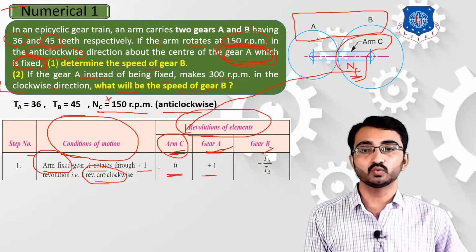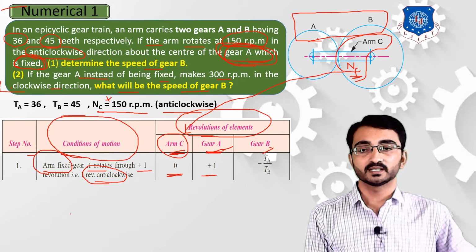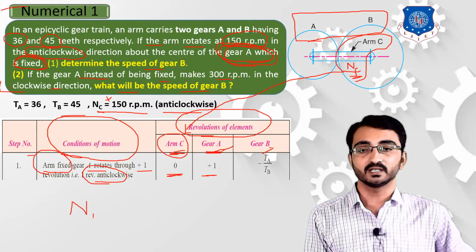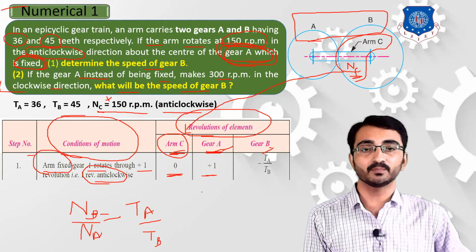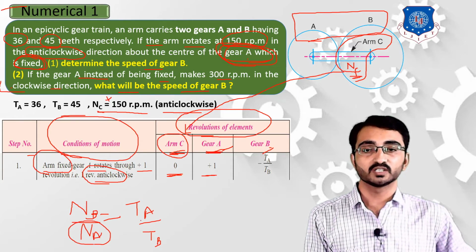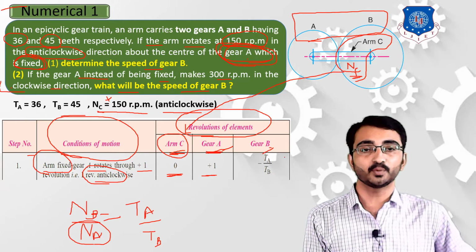Now with respect to gear A, gear B is rotating, and the assembly is a simple gear train. So we can write NB by NA is equal to TA upon TB. Now the RPM of gear A is 1, so you put RPM as 1, and your equation will be TA upon TB.